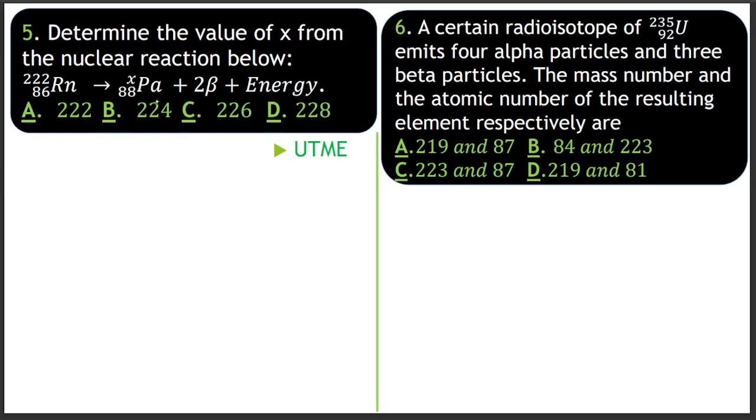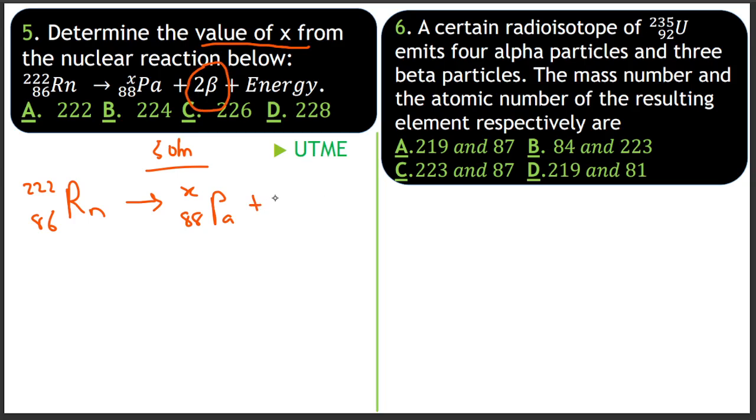All right, question number 5. Again, we are asked to determine the value of X. So we have Rn. Now I can rewrite this like this: beta, here is 0, here is minus 1, here is 0, here is minus 1.